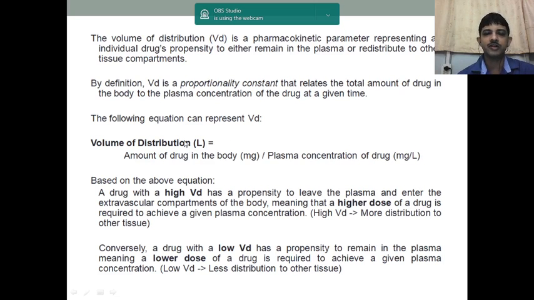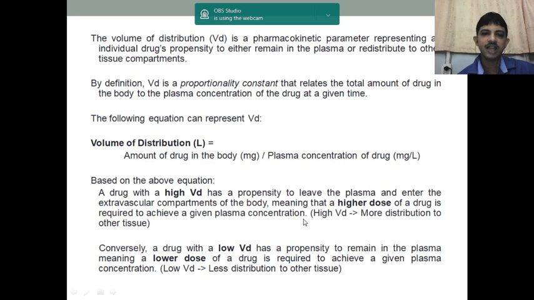So the volume of distribution is expressed in liters. Now, a drug with a high or increased volume of distribution has the propensity to leave the plasma and enter the extravascular component of the body, meaning that a high dose of a drug is required to achieve a given plasma concentration.